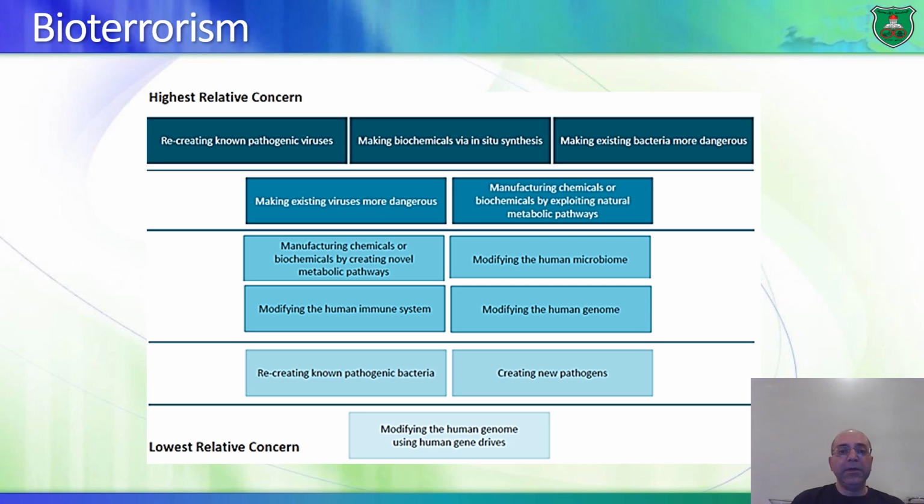Now, this leads me to the final say. What scientists are trying to do is really cool, except that it can be used for bioterrorism as well. There are certain things that can be done, including modifying the human genome, modifying the human microbiome as well, modifying bacterial genome, pathogenic bacteria, making existing bacteria more dangerous, making biochemicals via in situ synthesis inside our cells, recreating pathogenic viruses.